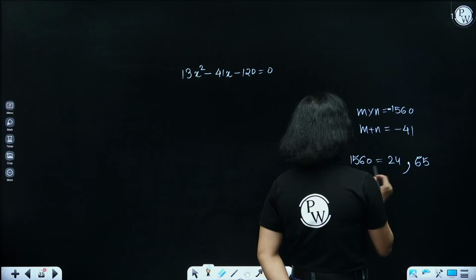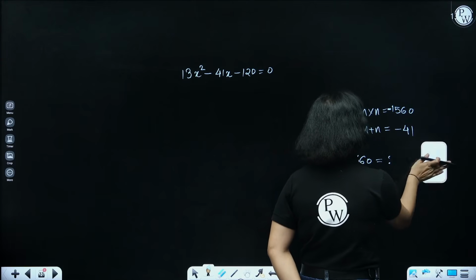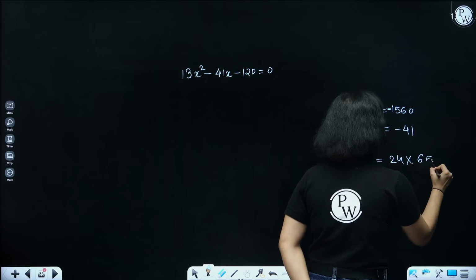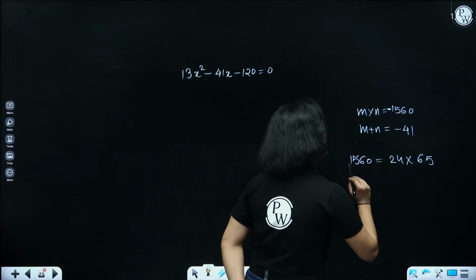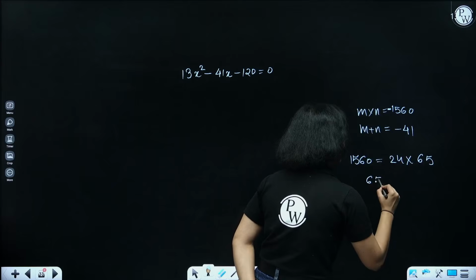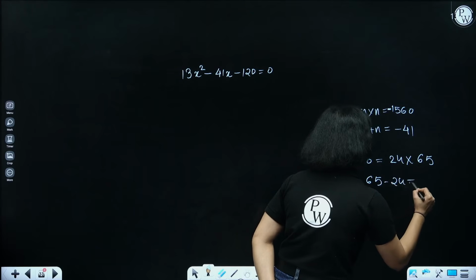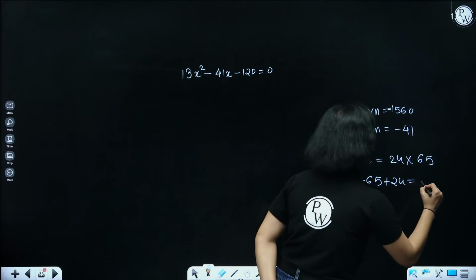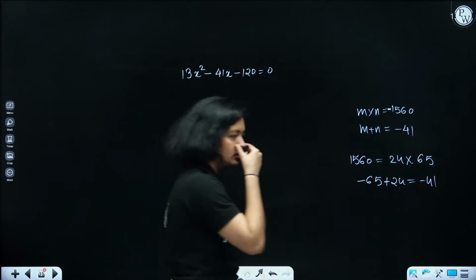So 1560 can be written as 24 into 65, everyone. And clearly, you can see that negative 65 plus 24 is equal to negative 41. Okay, so we got the two numbers, right?